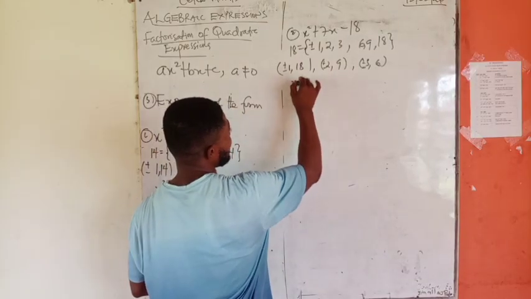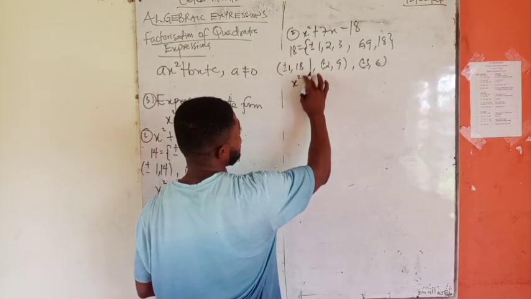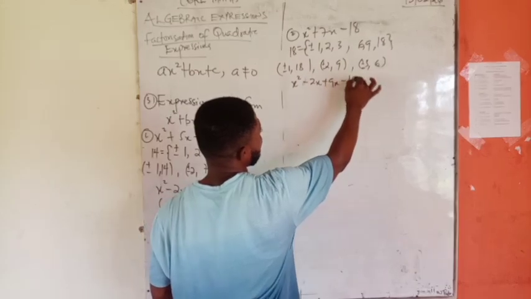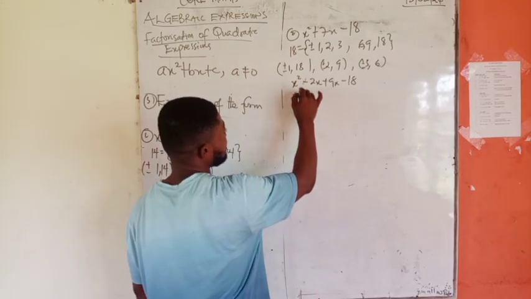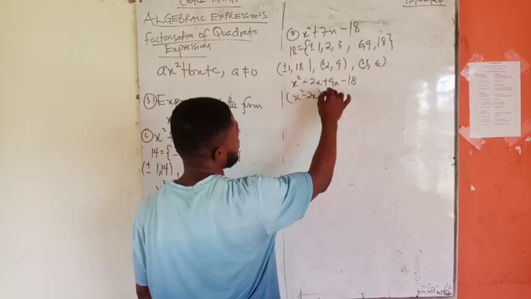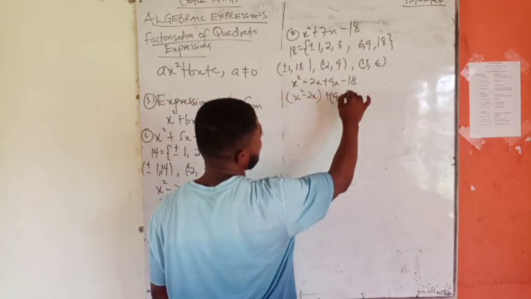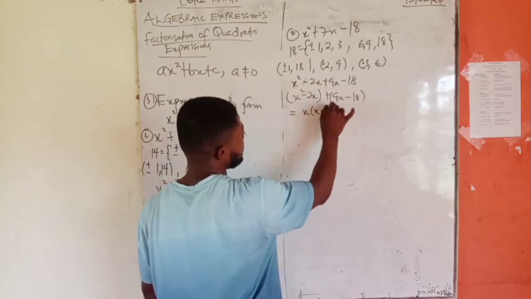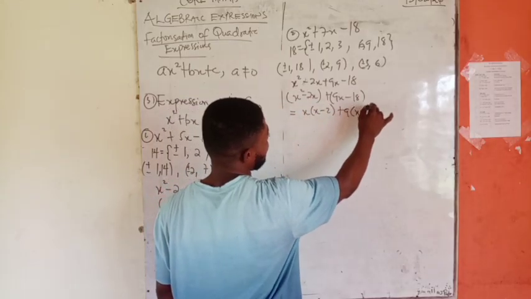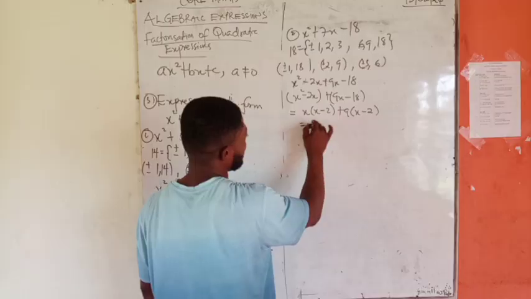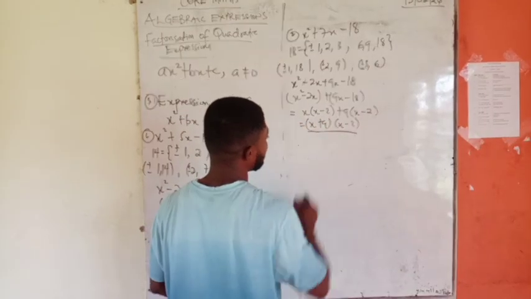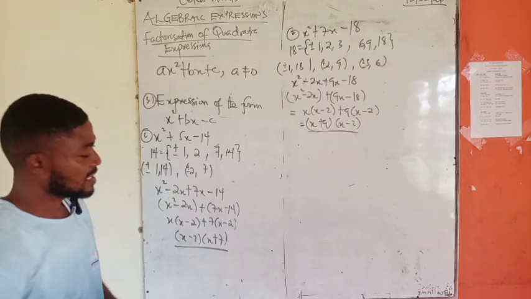I have x squared now plus minus 2x plus 9x minus 18. x squared minus 2x plus 9x minus 18. x minus 2 plus 9x minus 2. x plus 9 against x minus 2. Then this is the factorized answer.